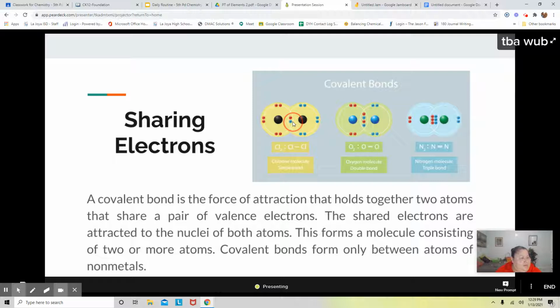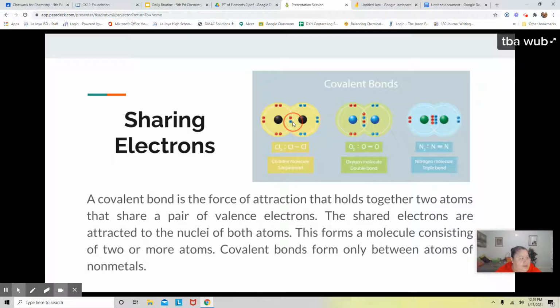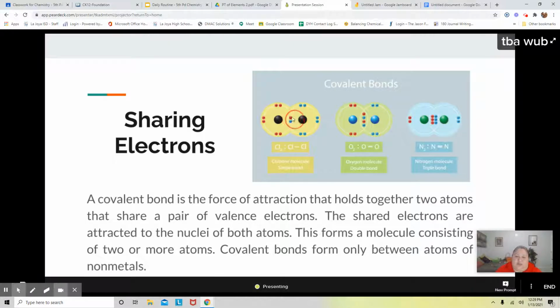How many electrons are being shared for chlorine? How many electrons do you see in this orange circle that they're sharing?